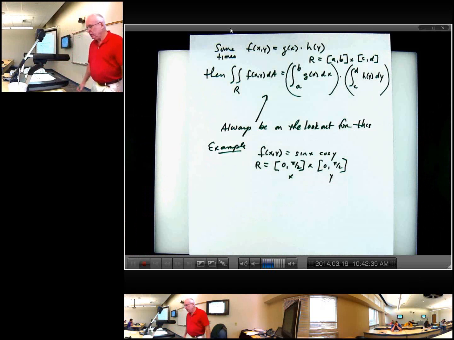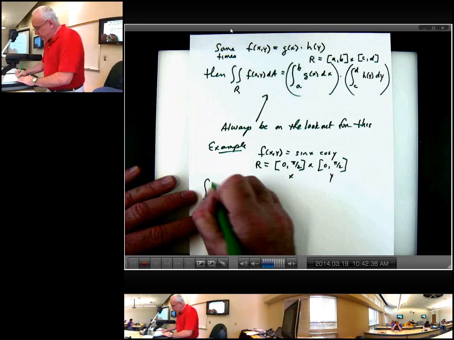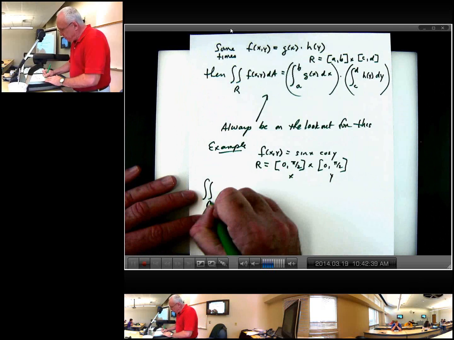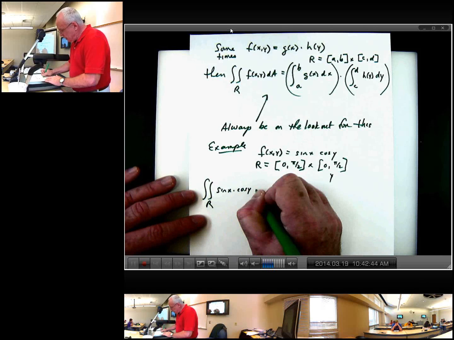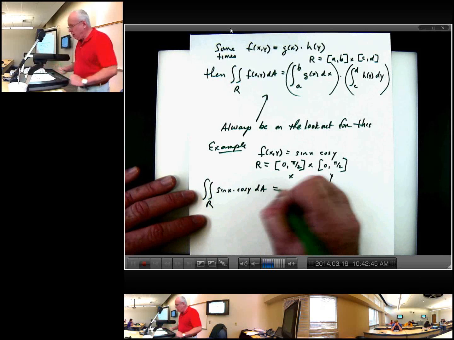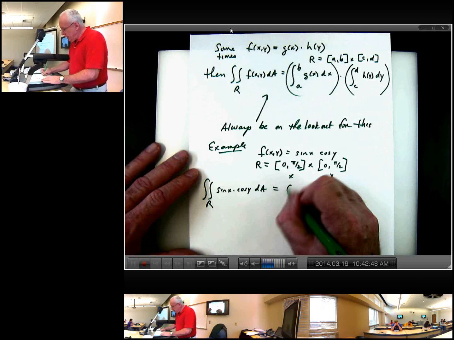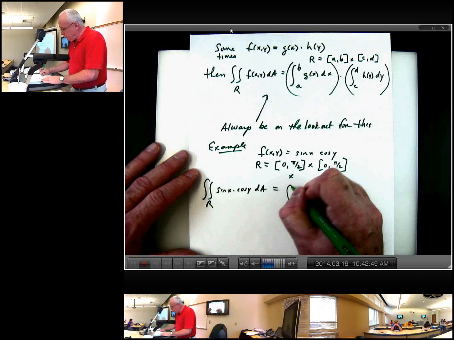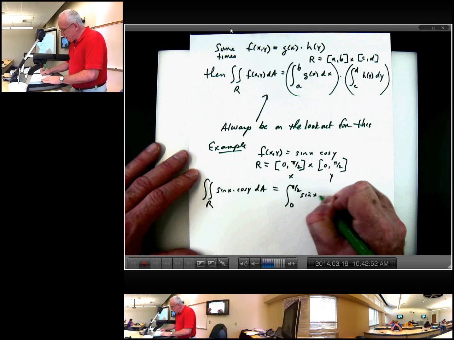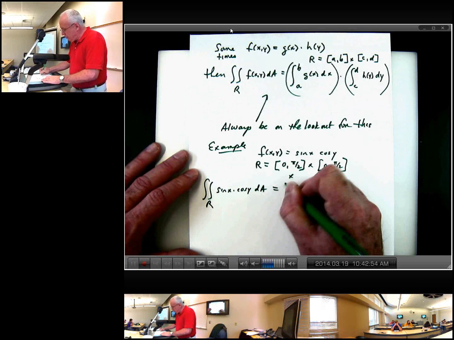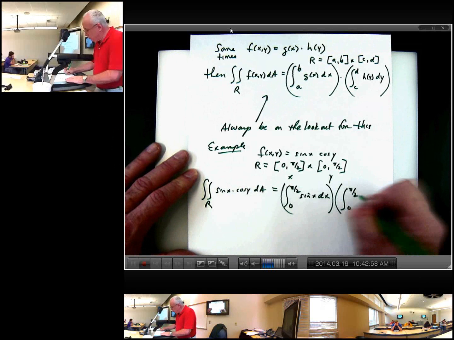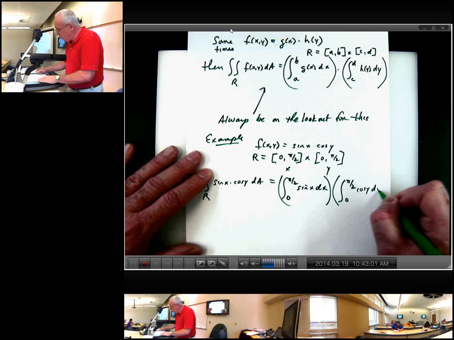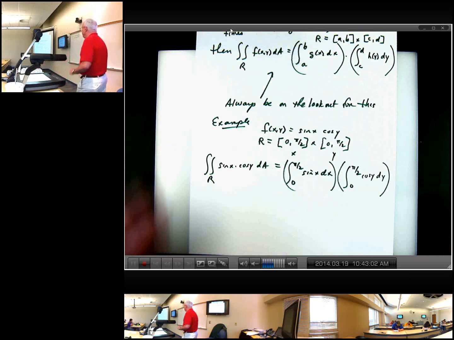So this double integral over R of sine x times cosine y dA, I just do it this way. x goes from 0 to pi over 2, sine x dx, do that one. y goes also from 0 to pi over 2, cosine y dy, do that one.